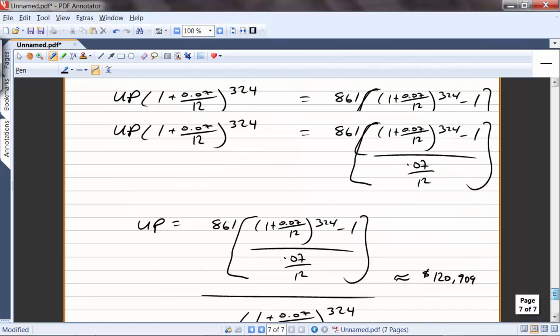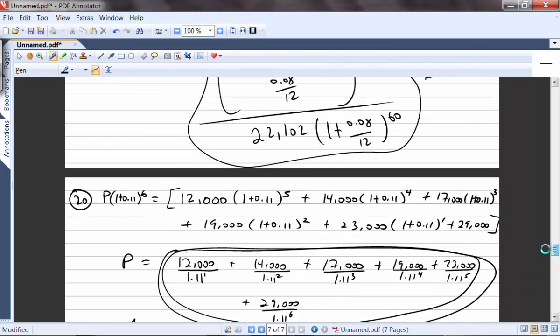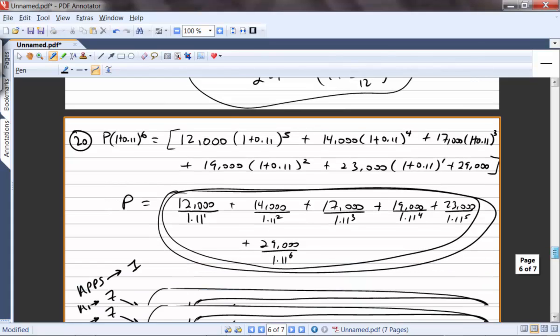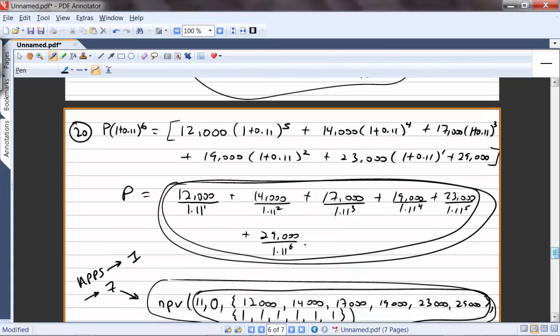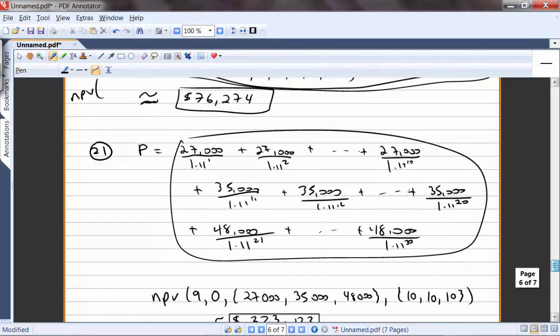It's just like what we did in number 20 and number 21. This is what you're actually doing, but to simplify the calculation, you can put it into your calculator.